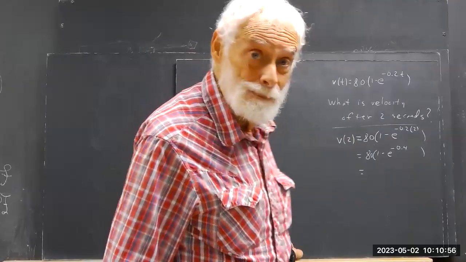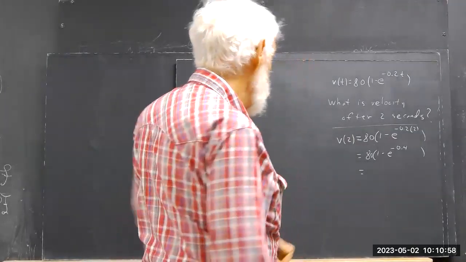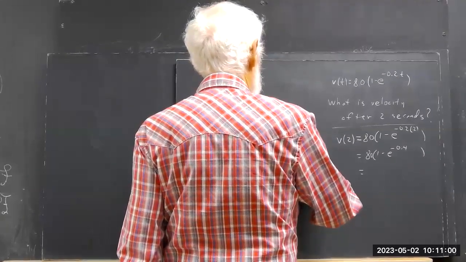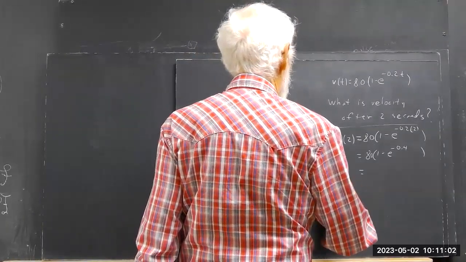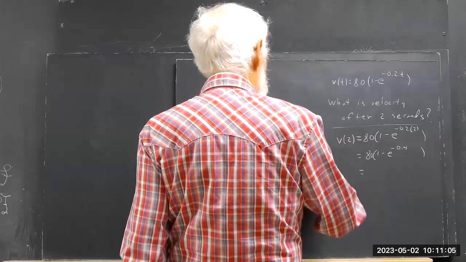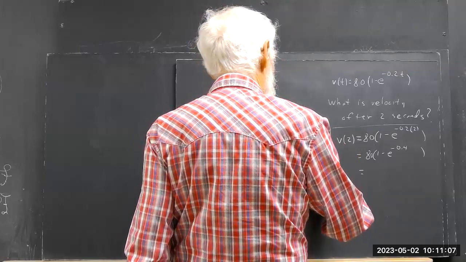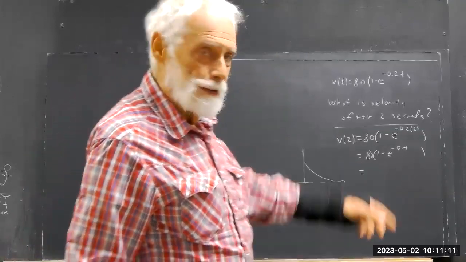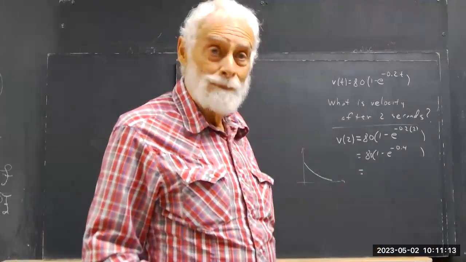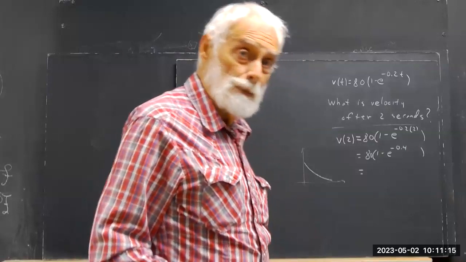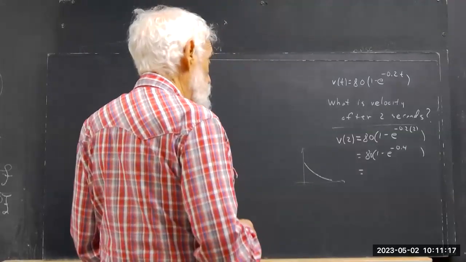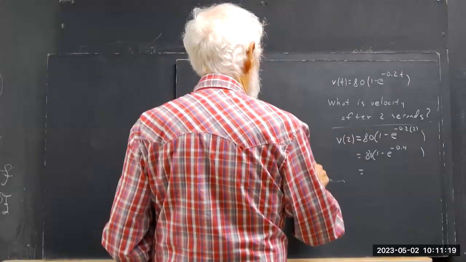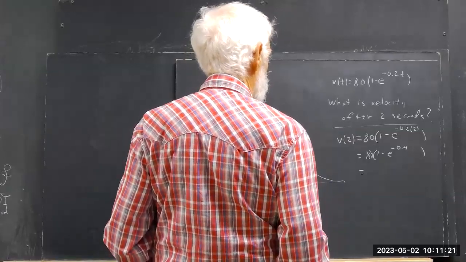I can estimate e to the negative 0.4 because I can sketch a graph. And even if you have your calculator in hand and get the answer by punching it in, especially in a practice test, you want to think, what does this look like? Okay, so this would be 1.